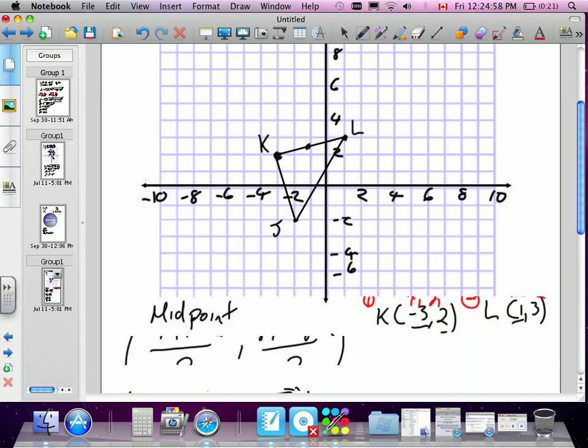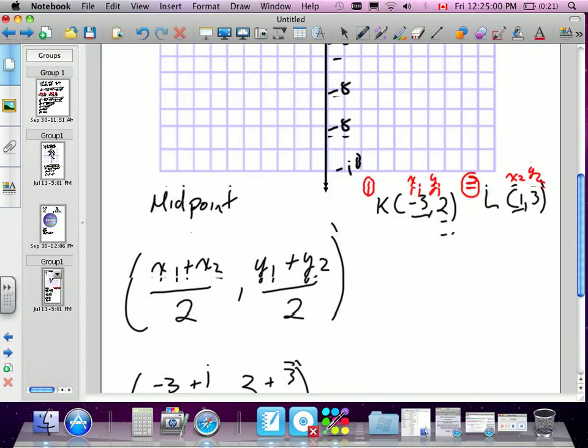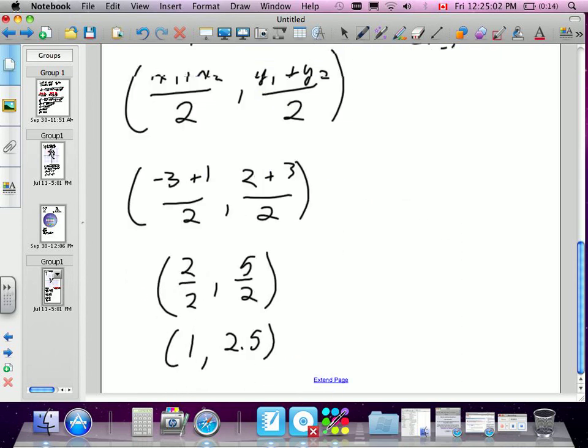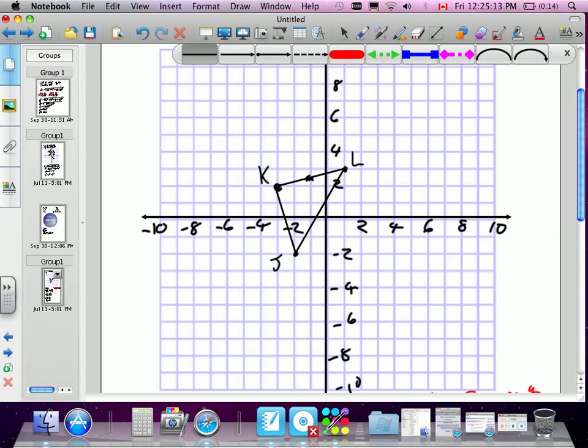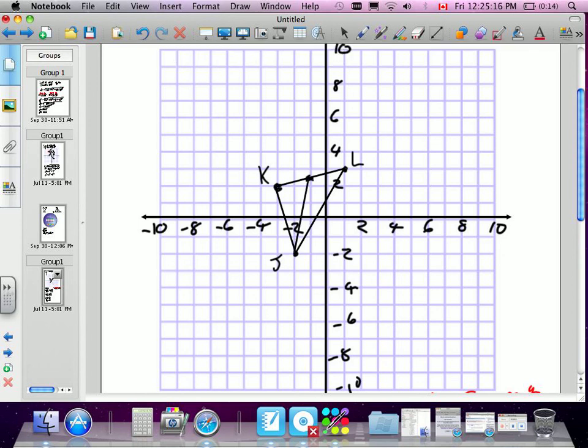Oh, sorry, negative. Yeah, I was going to say, that didn't make any sense. -1 and 2.5. They want us to find the distance of our median. So our coordinates are -1 and 2.5, which we'll call M. And J was -2, -2.